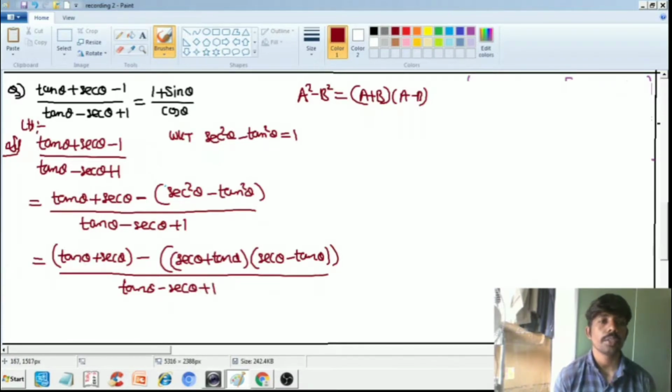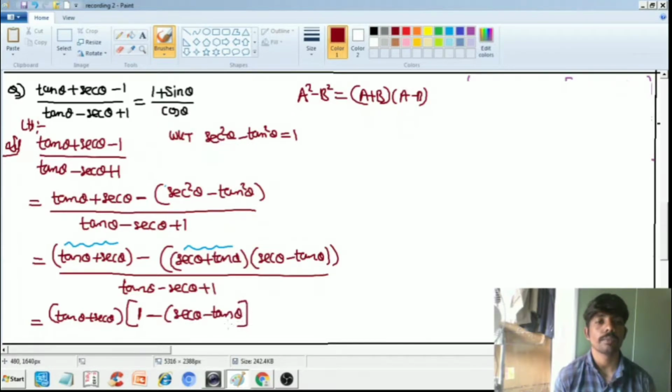From the numerator, you can take common. See in the numerator, this term and this term, take common tan theta plus secant theta. Then in the place of that you will get 1 minus the remaining term, secant theta minus tan theta, divided by tan theta minus secant theta plus 1.